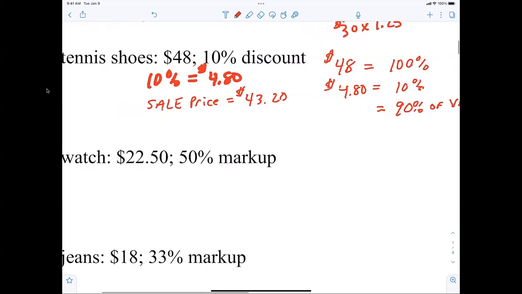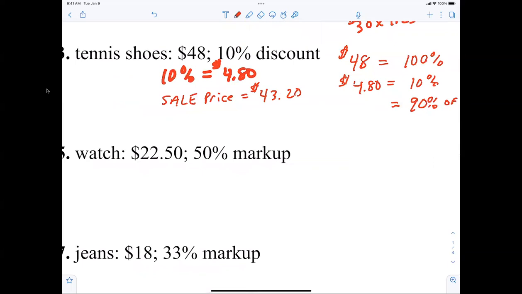Now to show you what I'm talking about, I'm going to take $48 and multiply it by what percentage if I want to find the sale price? By 90%. But what is 90% as a decimal?